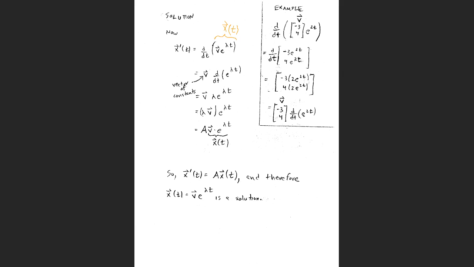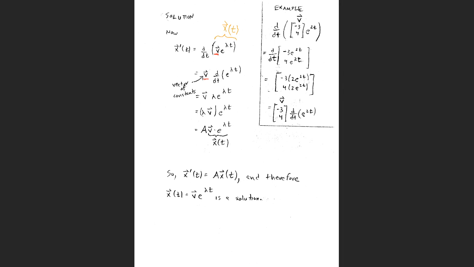When you take the derivative of a vector, you take the derivative of each of the components of the vector. But remember, the vector v is an eigenvector and it has constants in it. So constants can be pulled out in front of the derivative. So you can actually pull that eigenvector out in front of the derivative.